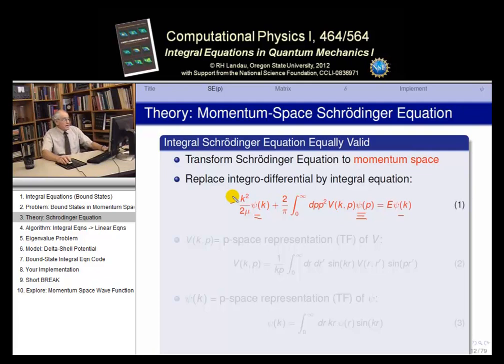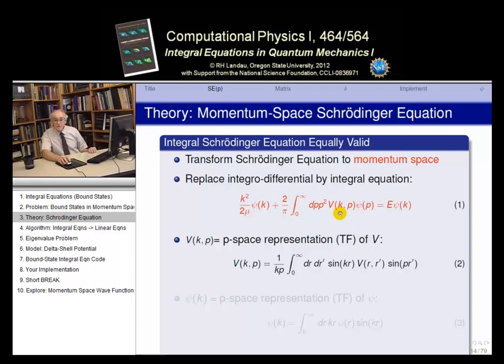So, very nice. What is this v of k and p? Well, if you know the potential in coordinate space, you know its momentum representation. Specifically, it's given here by equation 2, which is just the double Fourier transform of the potential to momentum space. It's a double transform because we have two variables, r and r prime, in coordinate space we need to transform.